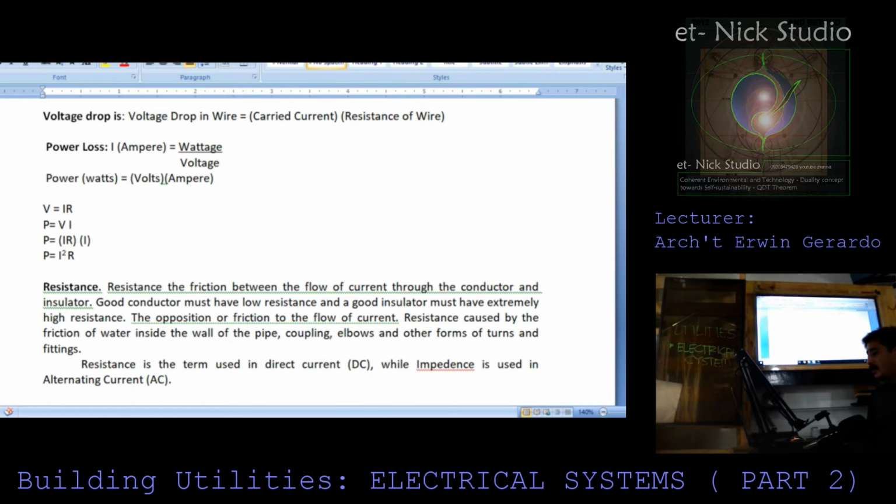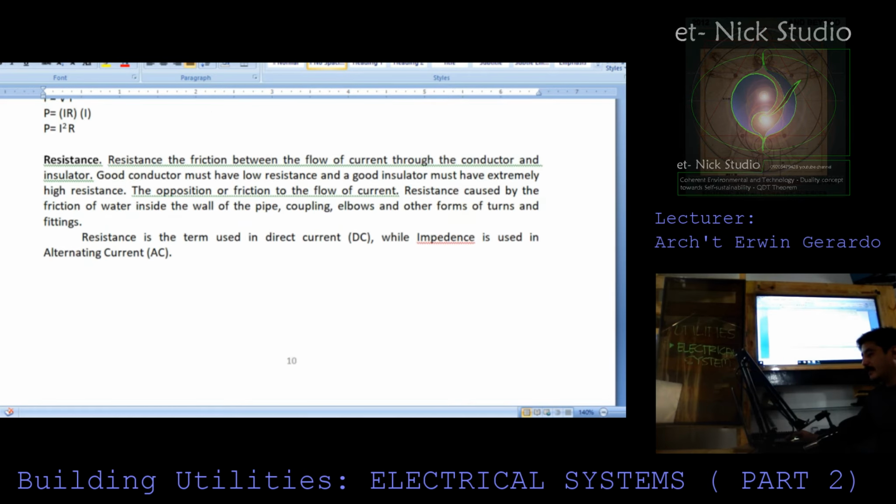Resistance is the opposition or friction to the flow of current, like the friction of water inside the wall of the pipe, couplings, elbows, and other turns and fittings that cause resistance. Resistance is the term used in direct current DC, while impedance is used in alternating current.